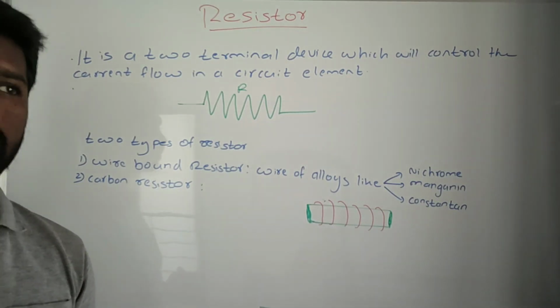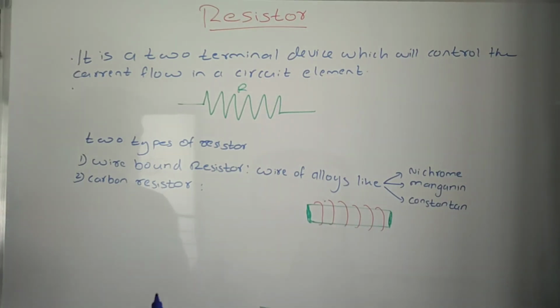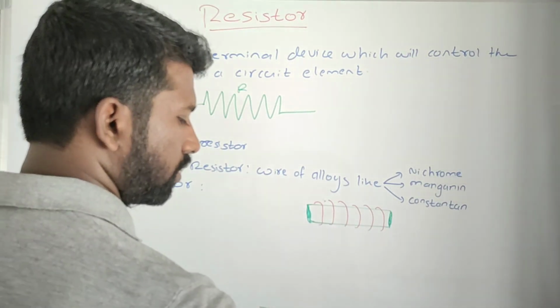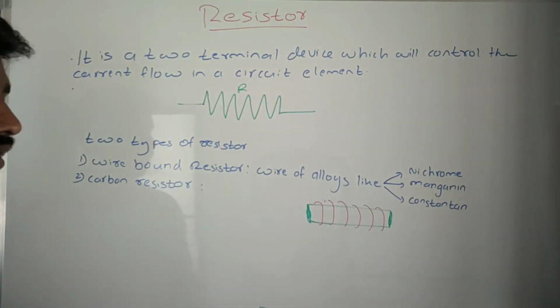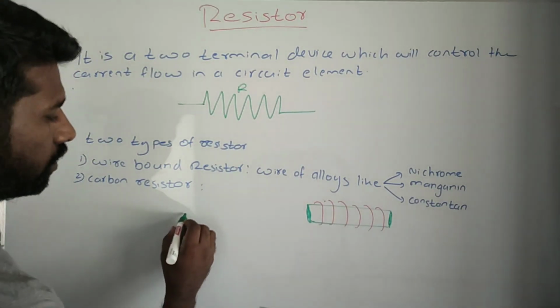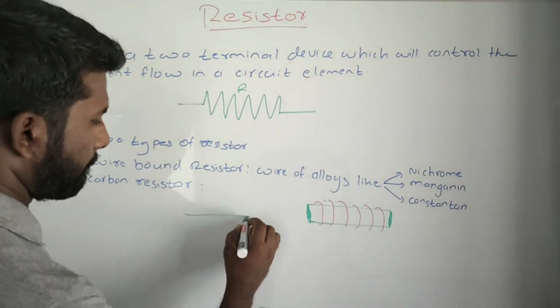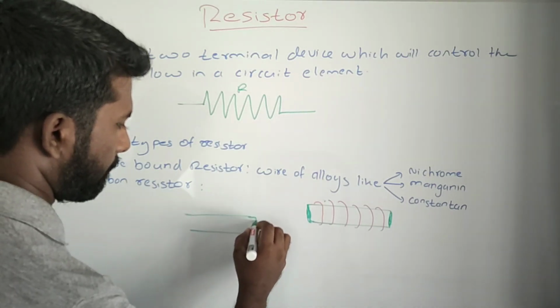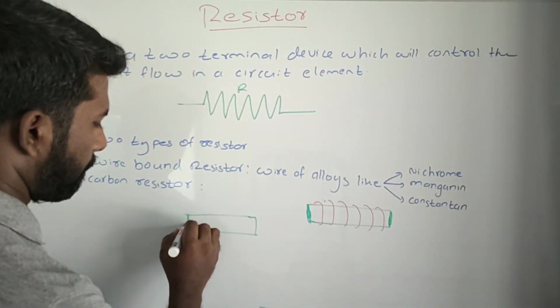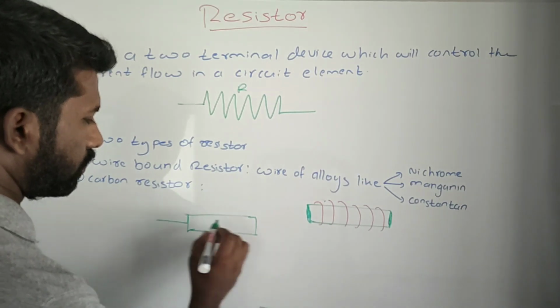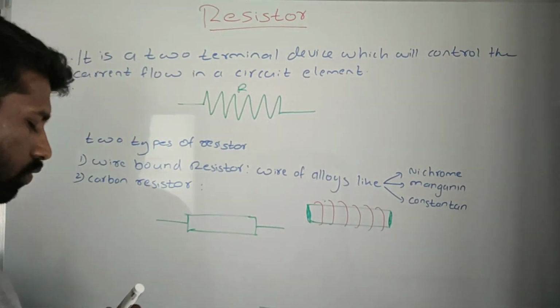Now we are going to see about the carbon resistor. A carbon resistor is a solid conductor with lead ends or metallic ends at the two sides.